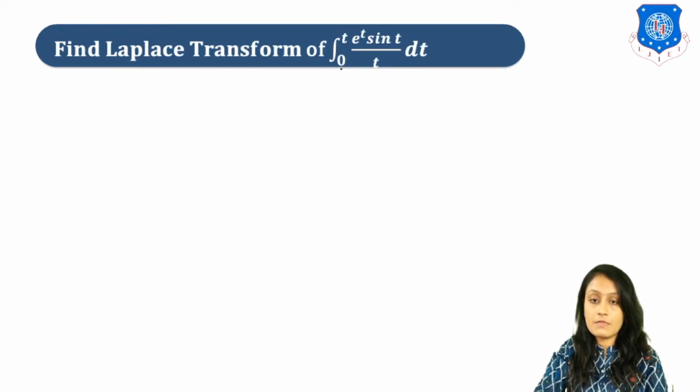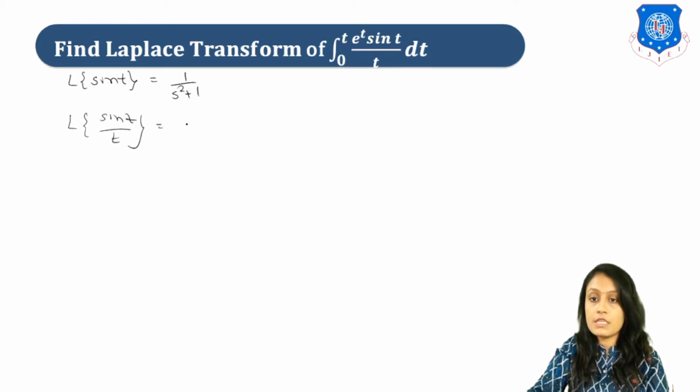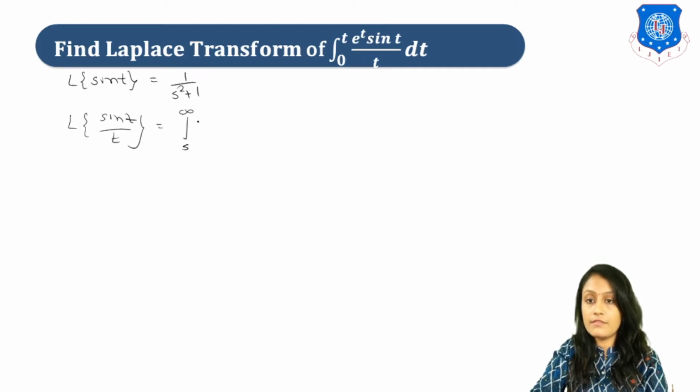Find the Laplace transform of the integral from 0 to t of e raised to t sin t upon t dt. Firstly, we find the Laplace transform of sin t, that is 1 upon s square plus 1. Now we find sin t upon t first, which is the integral from s to infinity of F(s) ds, and F(s) is 1 upon s square plus 1.